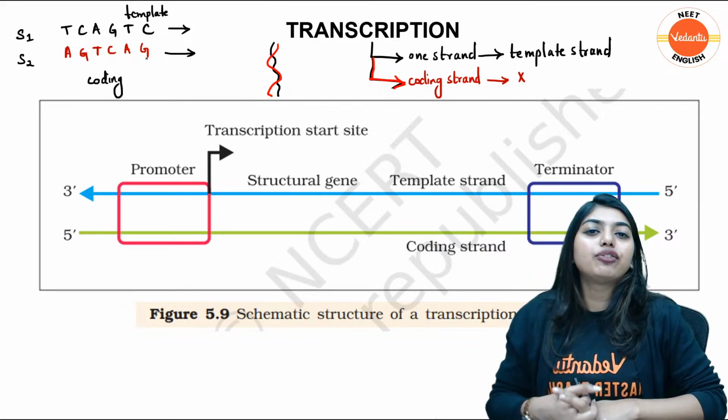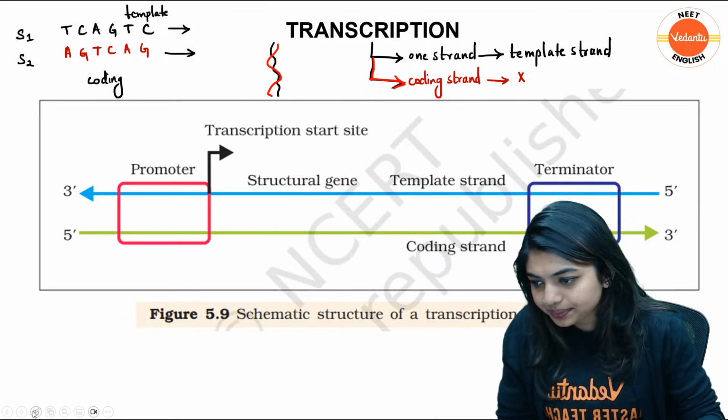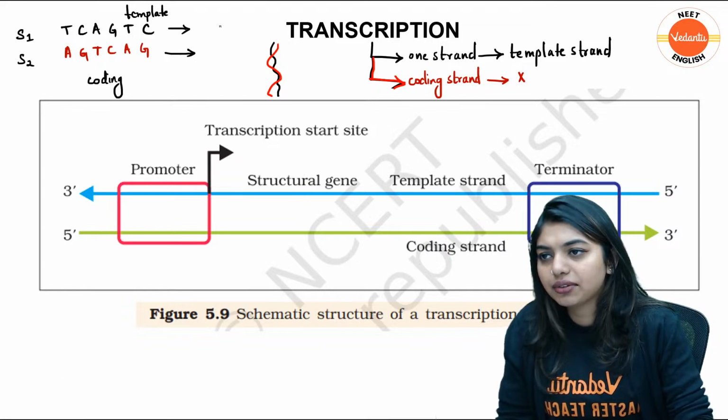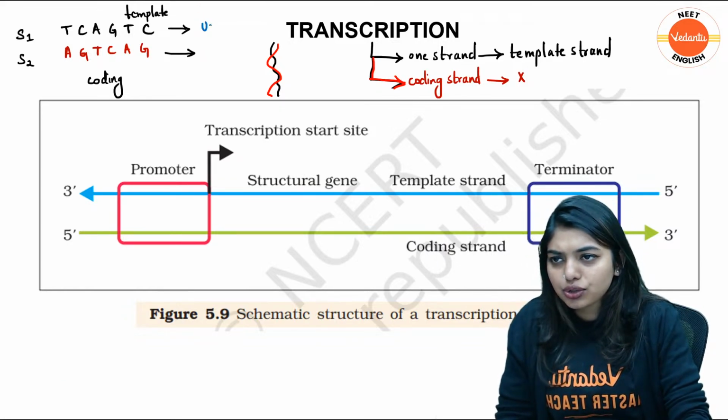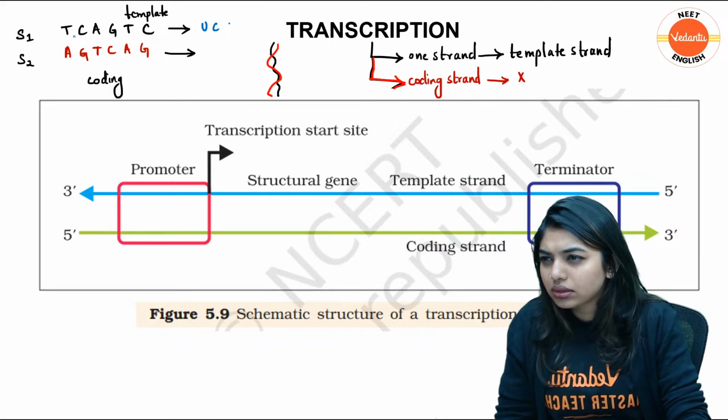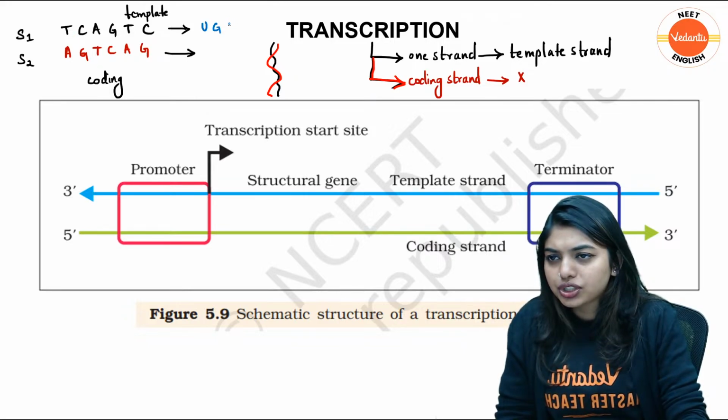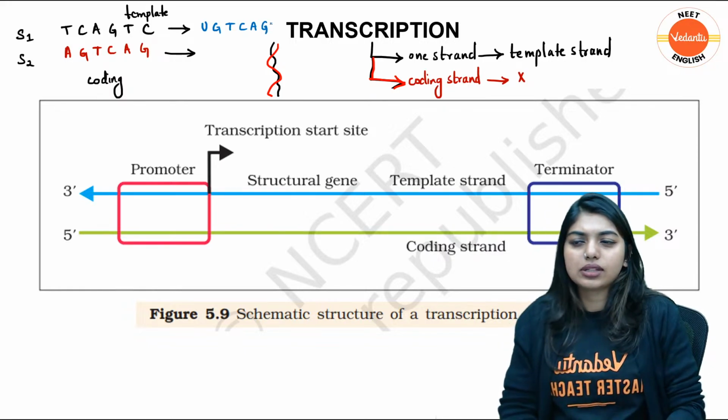Now, both are going to form mRNA. Let's make mRNA from both of them. Simple, thymine will be replaced by uracil. So, U, G, T, C, A, G. Yes or no?